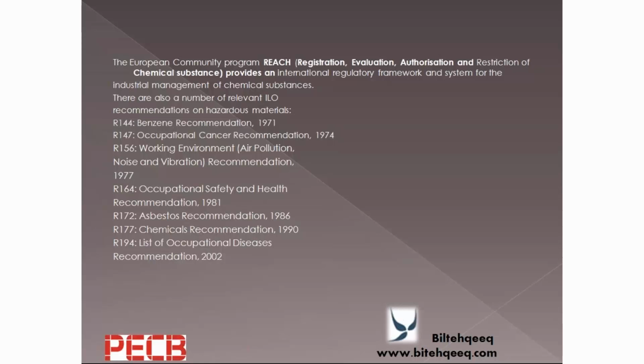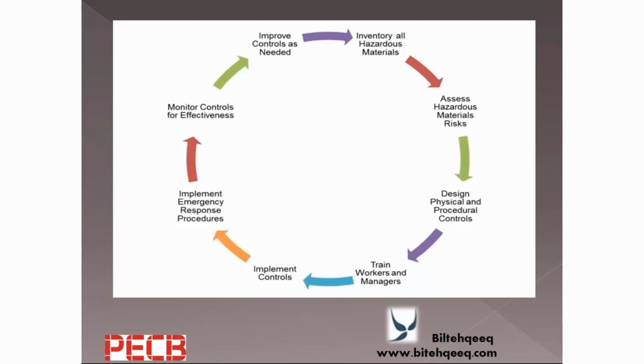If you see the cycle, it starts from assessing hazardous material risk, and then you need to design physical and procedural controls. After designing the controls, you have to train workers and managers, and then implement the controls.